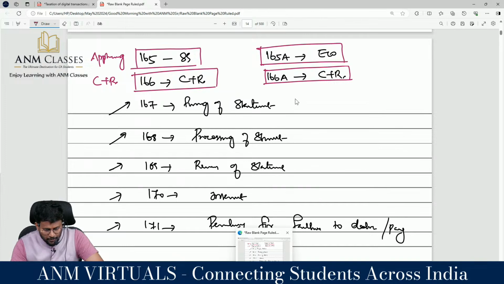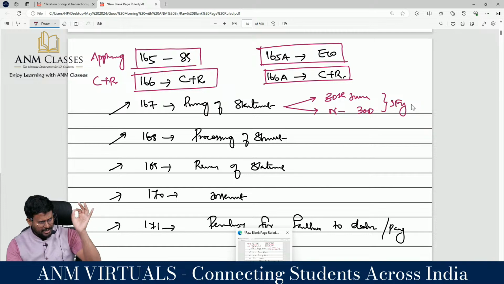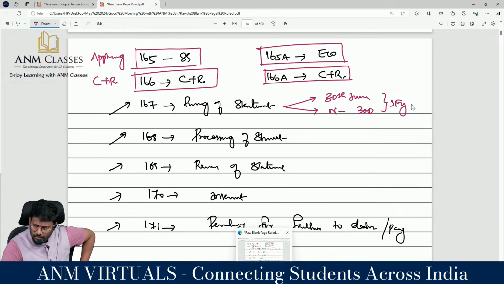167, furnishing of statement. What is the time limit? 30th of June. Once you get the notice, within 30 days of the succeeding financial year. Is there any time limit for furnishing of statement? Revised statement: for revising the statement, 2 years from the end of the financial year in which the specified services are supplied or e-commerce supply is provided.